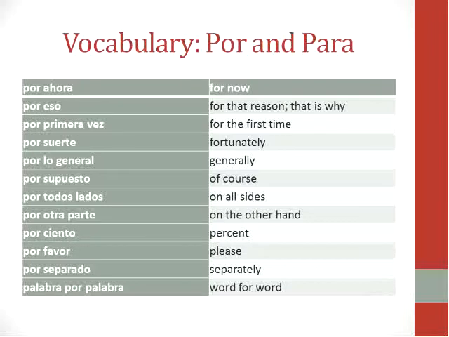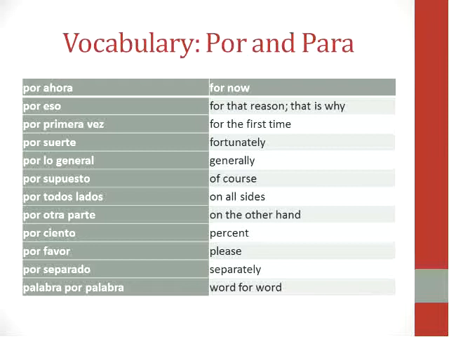Here's another set of words using por. Por eso, that's why. Por primera vez, for the first time. Por suerte, fortunately. Por lo general, generally. Por supuesto, por todos lados, por otra parte, on the other hand.